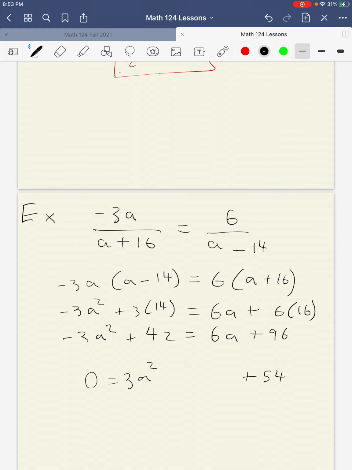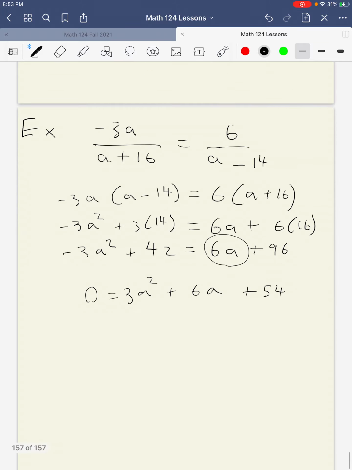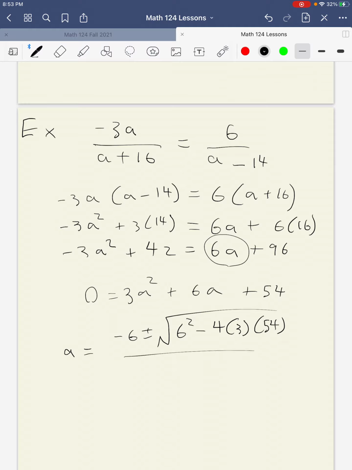And then we'll just leave the 6a there. Cool. Okay, so it's a quadratic equation. From the earlier section, we learned the formula, which is negative b plus or minus the square root, b squared minus 4ac, all over 2a.